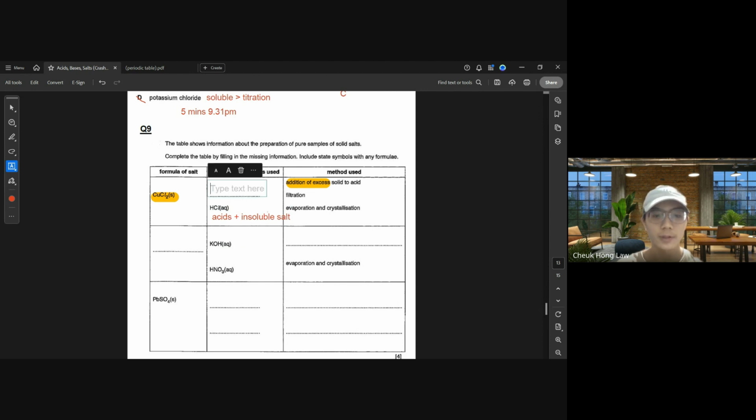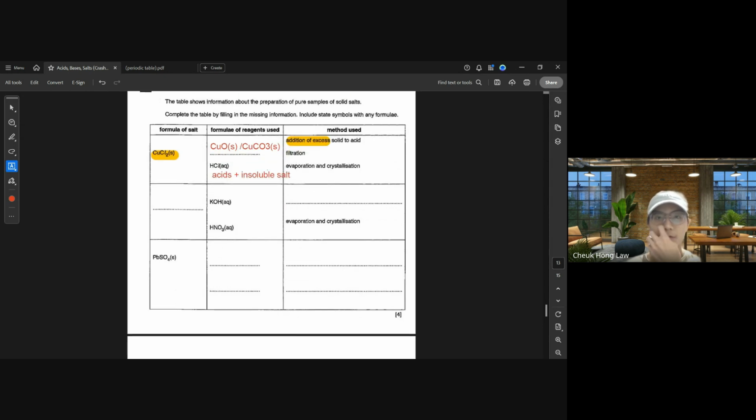So there are two answers for this. You have CuO, copper 2 oxide, which is solid, and you have copper 2 carbonate. So one of these answers is correct. Next, if we look at the formula of reagents used, we have potassium hydroxide and nitric acid.